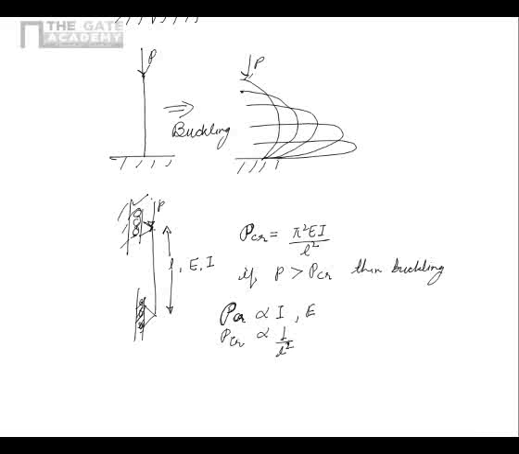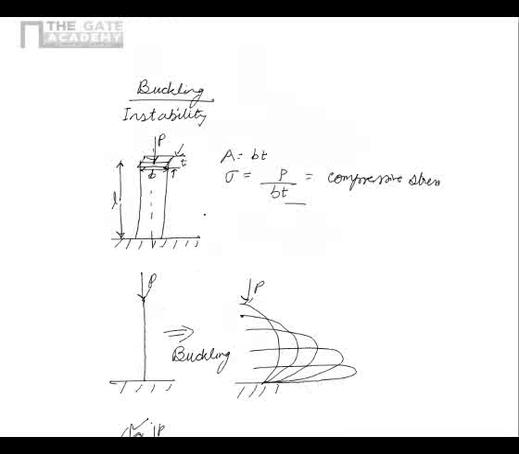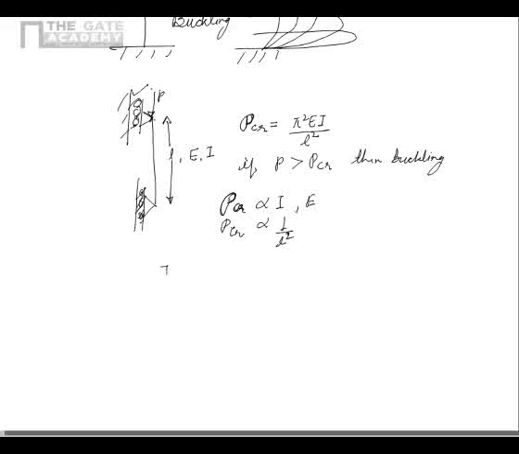let's say I take the same example which is taken here. If I have the same beam with cross section area BT, for that I will be equal to 1 upon 12 BT cube, for example.